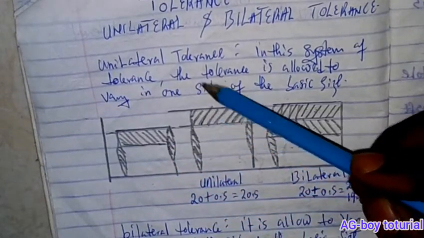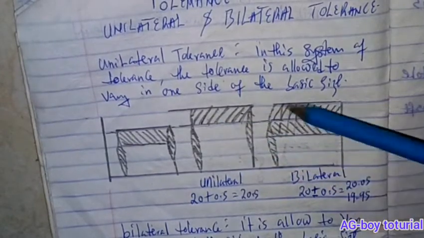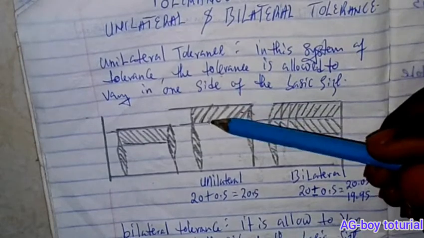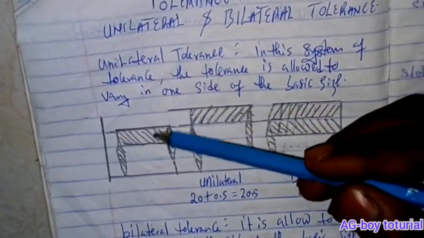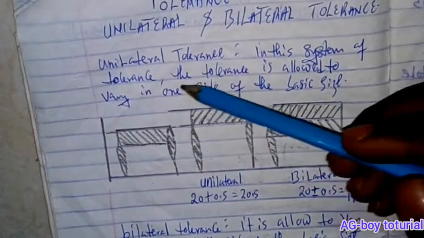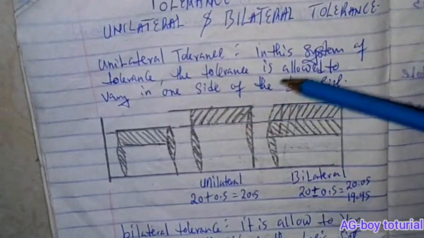Now, my unilateral tolerance, if you watch where this diagram and this diagram are different, this one varies on one side and my shaft too varies on one side. So since it varies on one side, this is called unilateral tolerance.